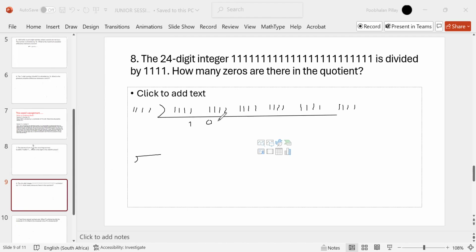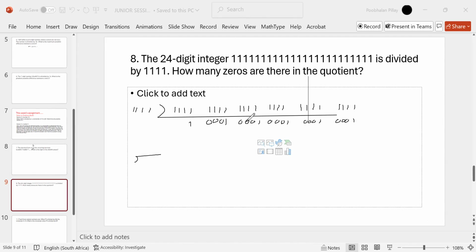So you'll have 0, 1, and here you have 11, here you have 111, and 1111 goes into this one time. So it stops there. You see, when you're dividing by 1111, there are lots of zeros, but there will be a 1 at the end, right? Because 1011 is 1011 times 1.